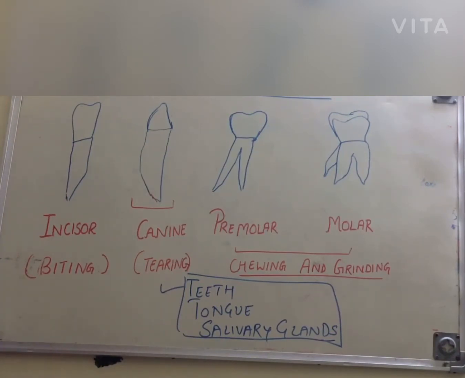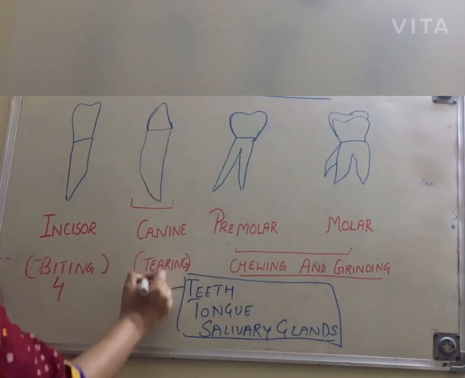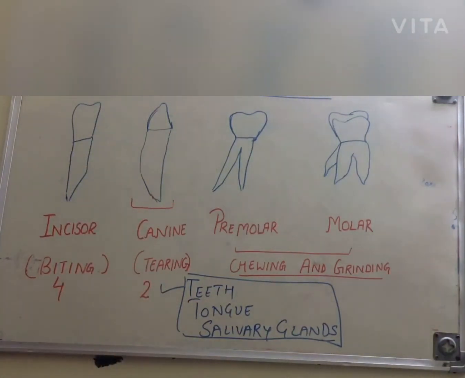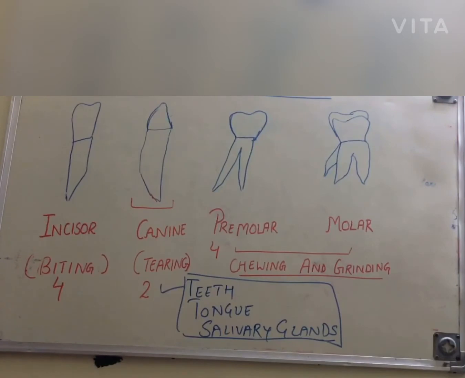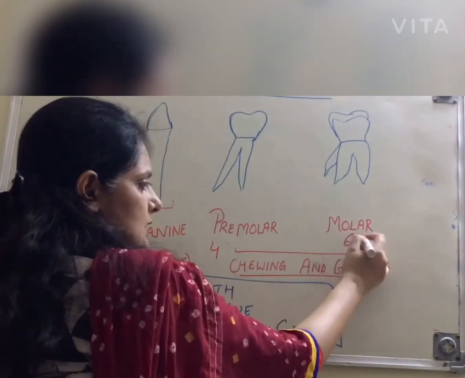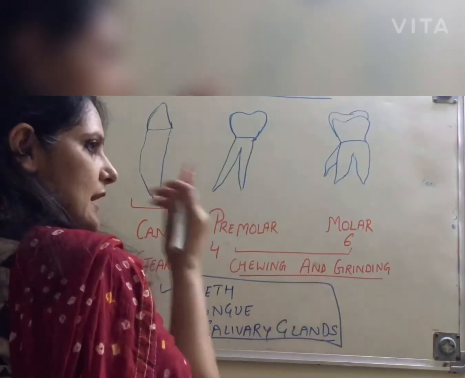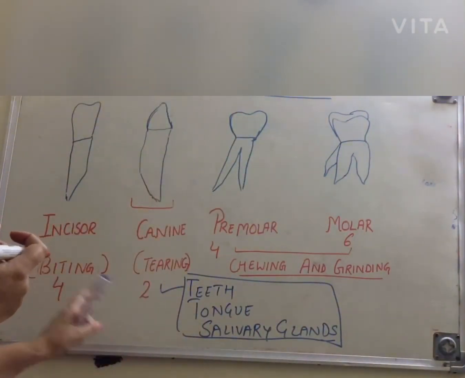Each jaw has 4 incisors, 2 canines, 4 premolars and 6 molars: 3 on each side, that is left and right side, 2 on each side, and 1 on each side for the others. The arrangement of teeth in our jaw is known as dentation.